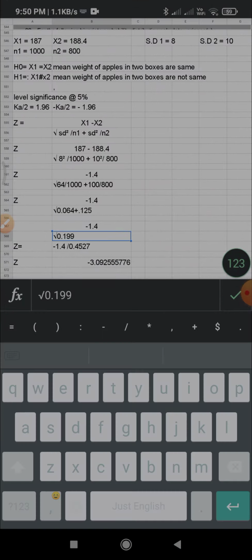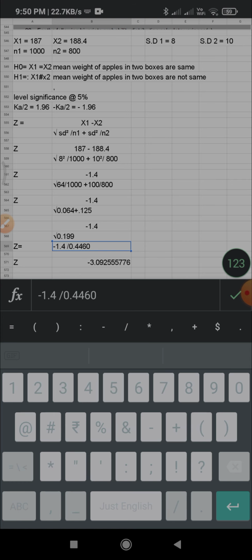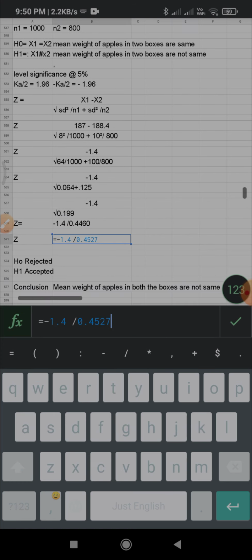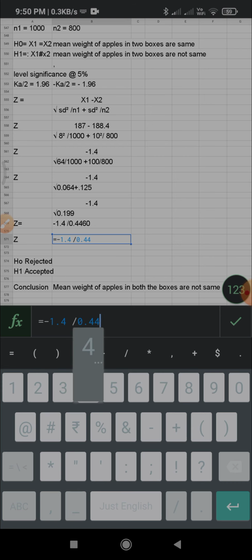The square root is 0.4460. The final calculated answer is minus 1.4 divided by 0.4460.